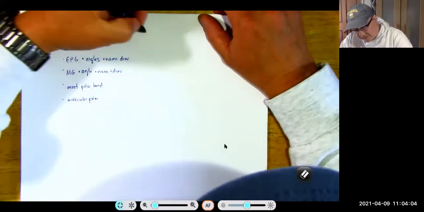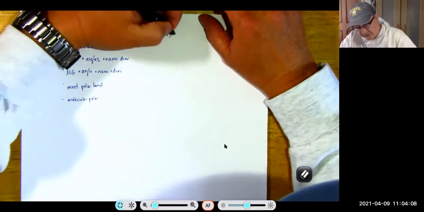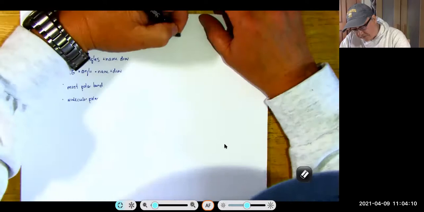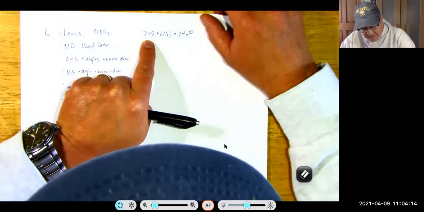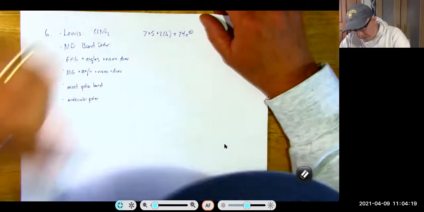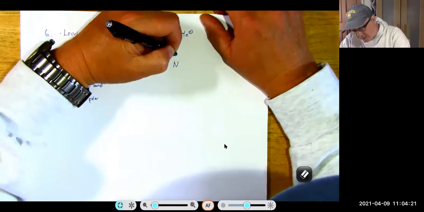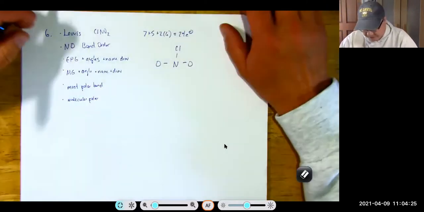We're going to have 7 plus 5 plus 2 times 6 electrons. So that's 24 electrons if I've counted correctly, because 7 and 5 is 12, 2 times 6 is 12, and 12 plus 12 is 24. I'm going to put nitrogen in the middle. I'm going to put chlorine on top so that it looks symmetrical. Just a little thing I like.